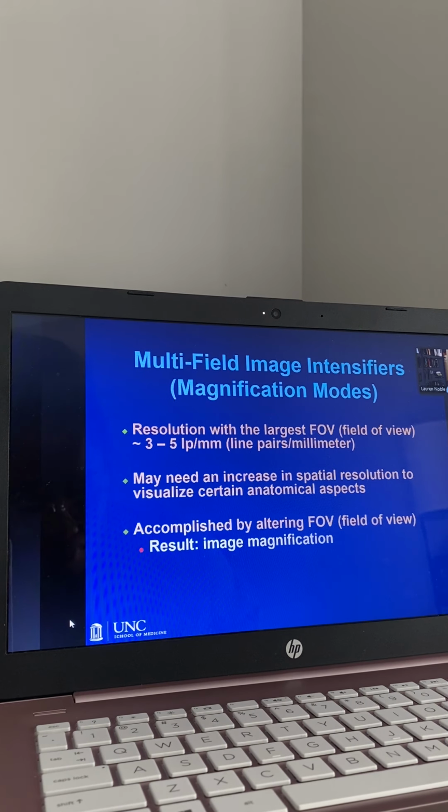This is different. You just have to get that straight in your brain. With fluoro, when you're in mag mode, the spatial resolution actually gets better.